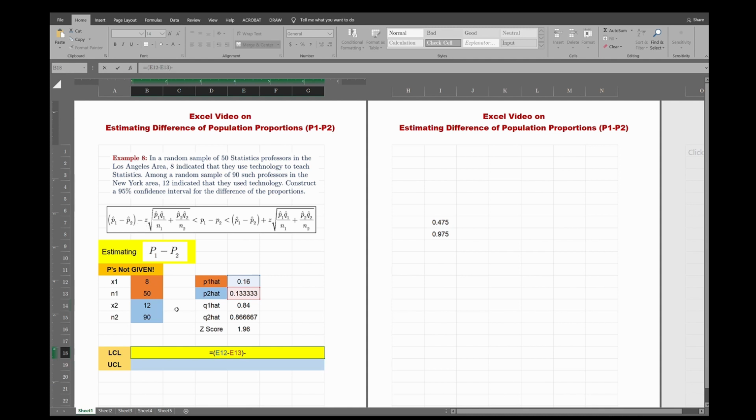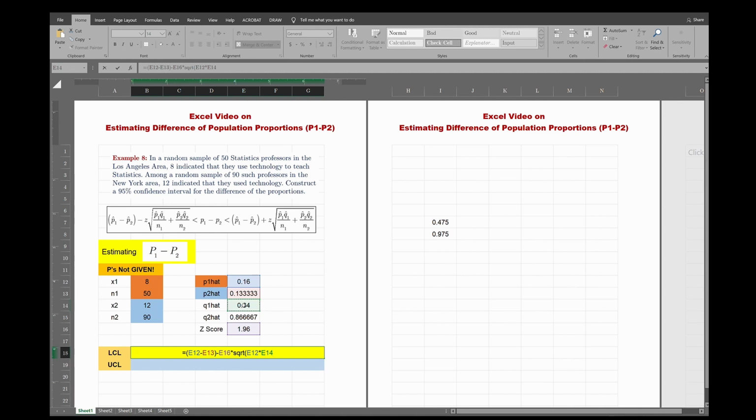Minus Z, so I click on Z, times, if there's nothing between the Z and the square root, it means it's multiplication, times the square root of P1 hat Q1 hat. So P1 hat times, and if there's nothing between P1 hat and Q1 hat, that means there's a multiplication in between. So you have to say times Q1 hat, which is that one. Just be careful not to click on the wrong thing.